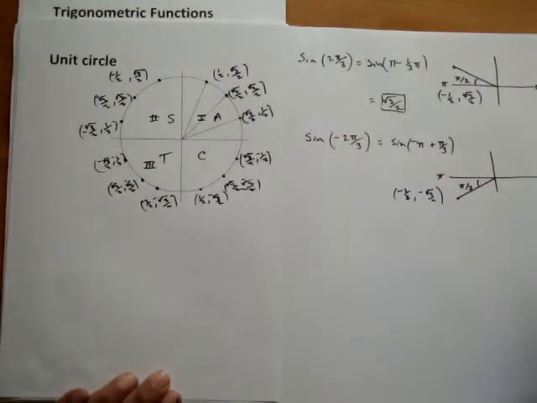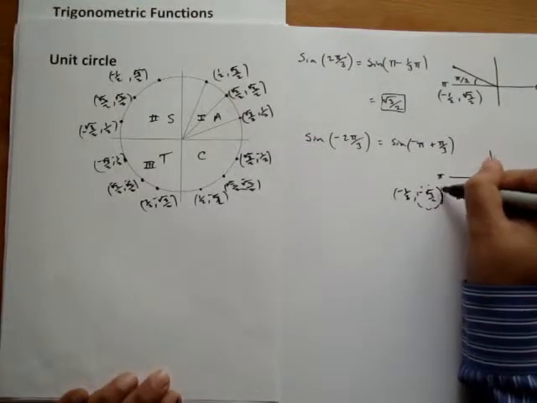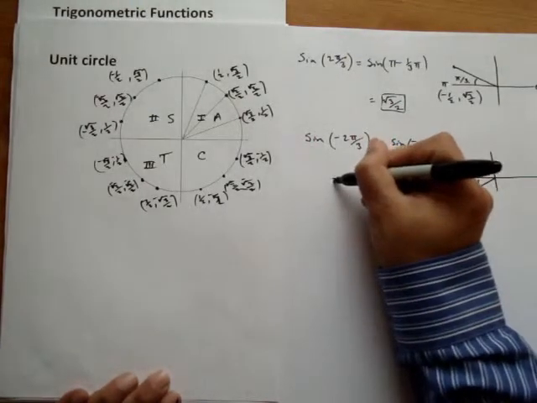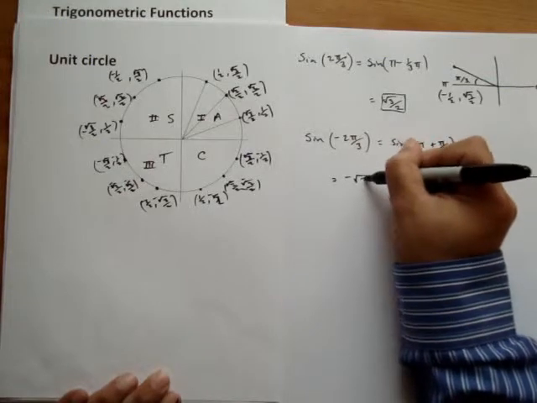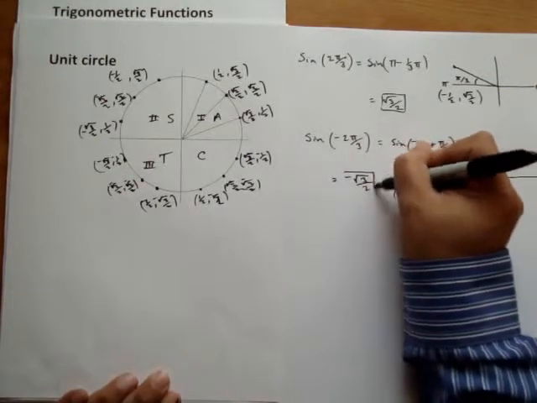So our sine value would be this one, which is minus square root of 3 over 2.